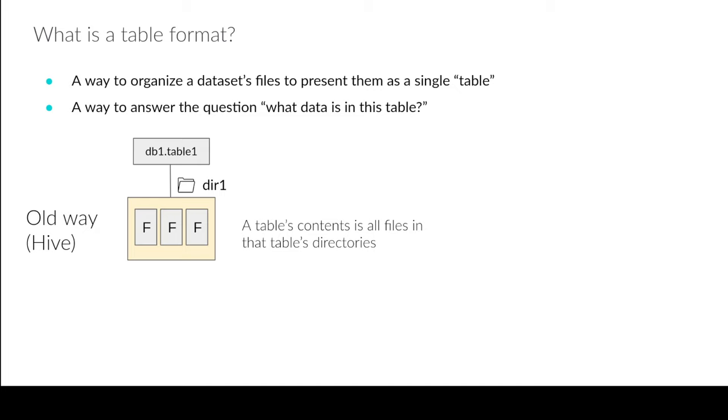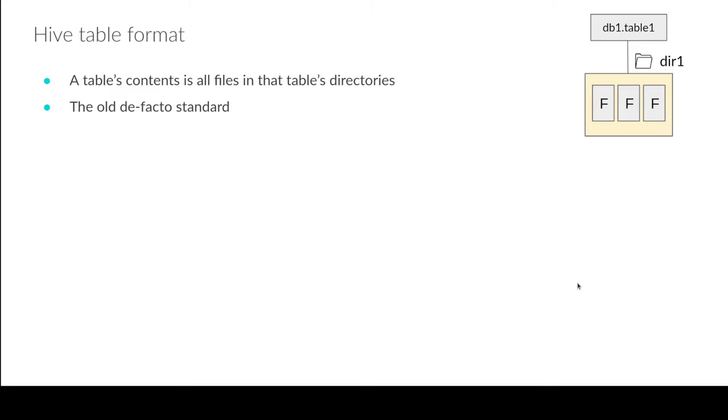If there are any subfolders, those would be the partitions, and so forth. So this worked, all based on folders. The engine would know that's the folder with the table, go in there, list all the files in that directory and in those subdirectories, and that's the data it's going to scan.